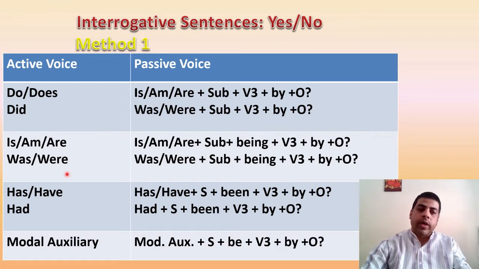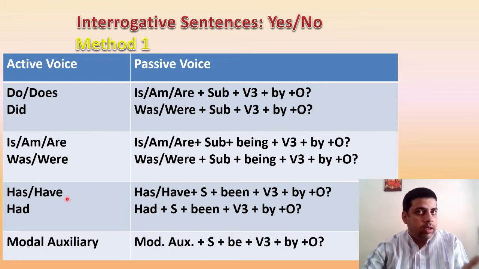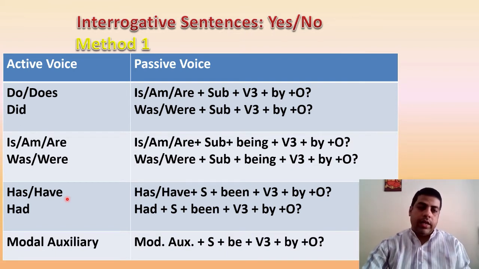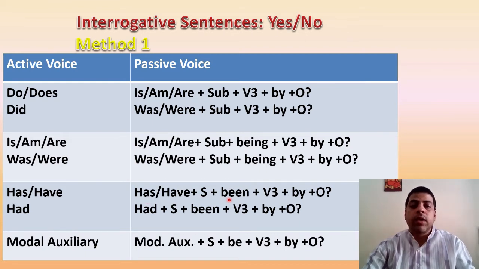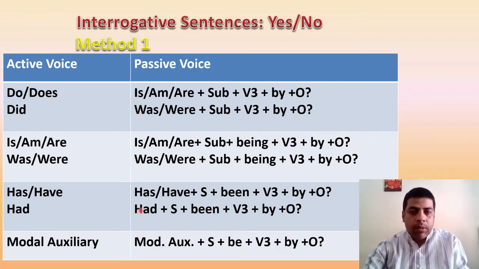Coming to the perfect forms, in present perfect you have questions beginning with has or have. In that case, begin the answer with has or have, then subject, plus been, plus V3, plus by, plus object. If it is past perfect, you need not worry about anything.